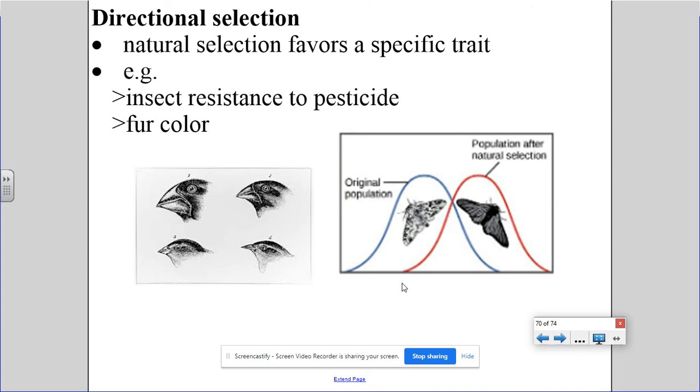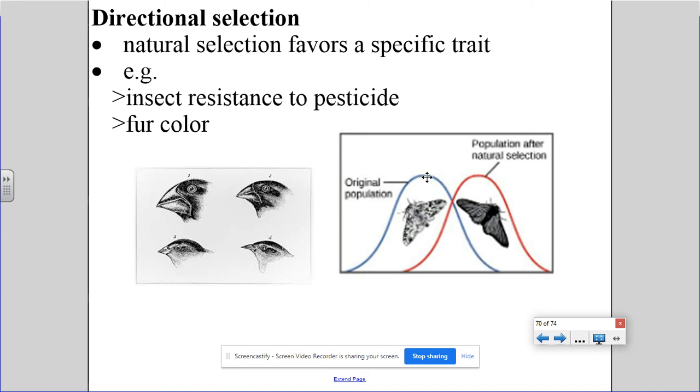So for example, in the graph that we have here, we have these lighter colored moths right here and the darker ones. The original population shown by blue, we have the lighter peppered moths. Those are the ones that are found the most, the ones that are most likely to survive and reproduce. However, there's a whole phenotypic range for what that color could be.